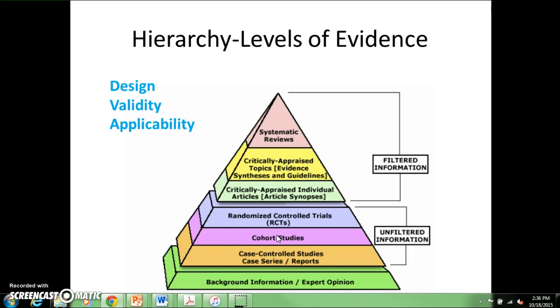The studies becoming more valid and more applicable are the cohort studies, and cohort studies follow a large group of people over an extended period of time, and generally what they seek to do is to show how exposures affect their outcomes. And so this type of study is normally used to look at the effect of suspected risk factors that cannot be controlled experimentally.